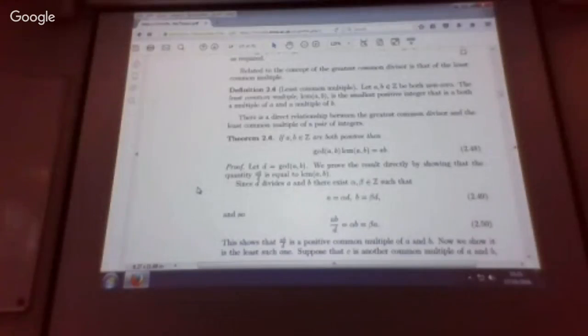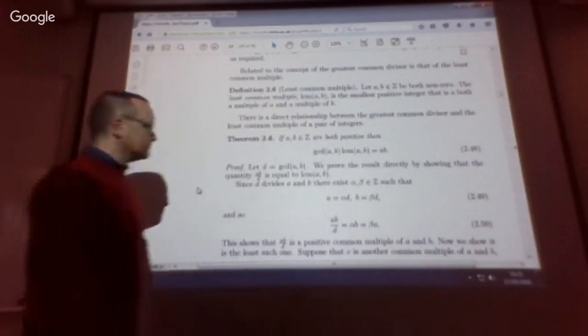Computation is hard, but we can calculate these least common multiples in a quite straightforward way, because the least common multiple is chained to the greatest common divisor. They aren't really two independent things. They're locked together in a certain relation, and this is theorem 2.6.